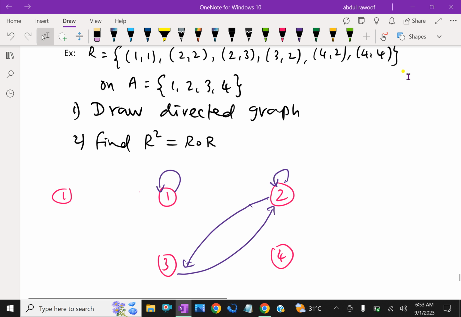And 4 is related to 2. And 4 is related to 4. This is the directed graph of this relation.